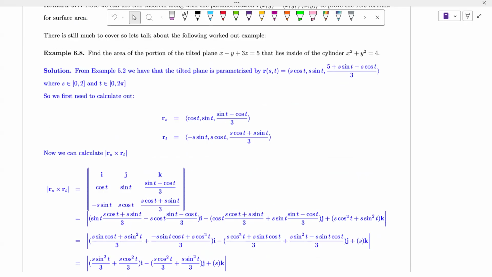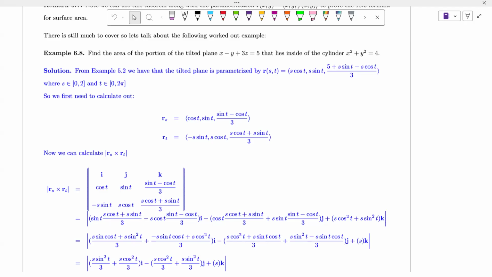I know I'm going inside of the cylinder given by x squared plus y squared equals 4. So I'm going to look for some kind of a decent parameterization. Maybe I try to go to polar coordinates.